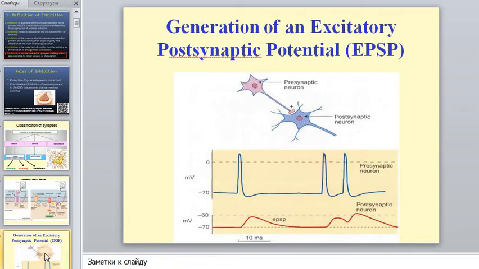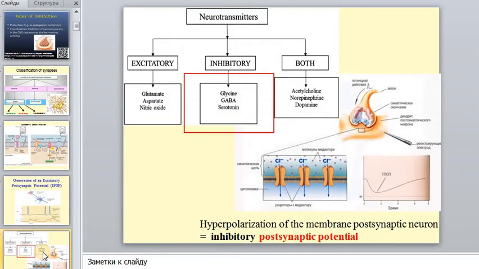If inhibitory mediators act, channels allow negatively charged ions to pass through the membrane, for example chlorine ions, or sometimes potassium channels allow potassium to leave the cells. Hyperpolarization of the postsynaptic neuron membrane gives an inhibitory postsynaptic potential.